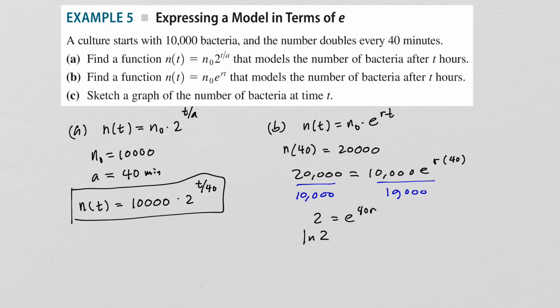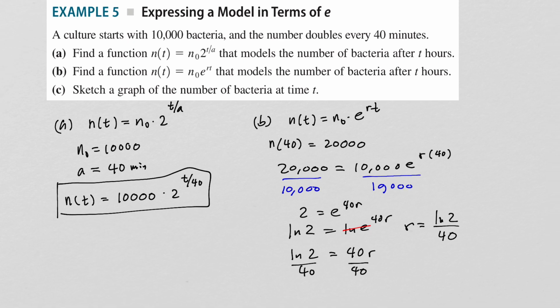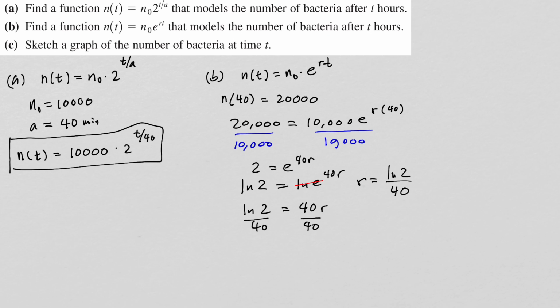Taking the natural log of both sides, natural log of E will cancel out here, and we have the natural log of 2 is equal to 40 times R. Finally, dividing by 40, we have R is equal to the natural log of 2 over 40. And let's plug this into a calculator to get an approximation.